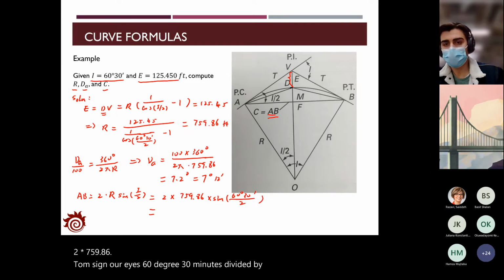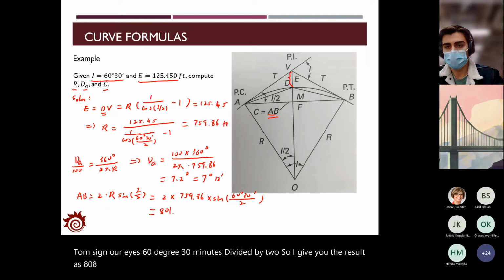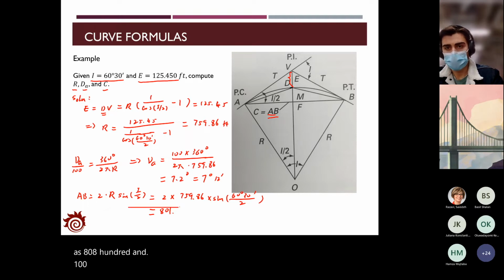So it gives you the result as 801.87. So that's the way for you to calculate all these three variables.